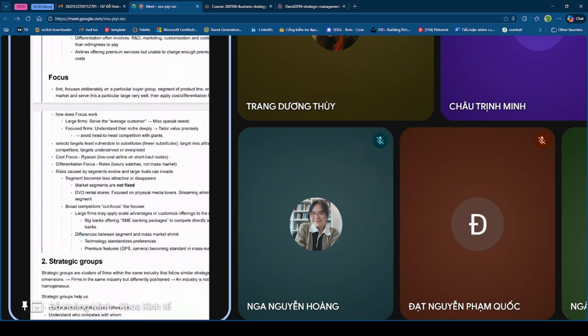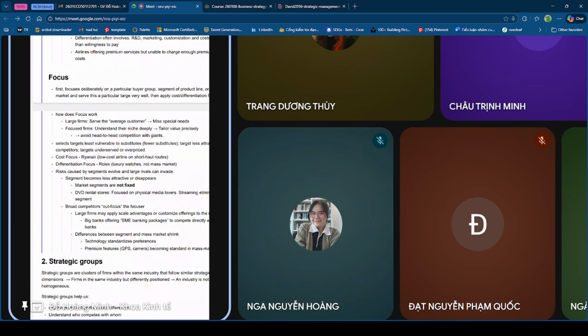If your firm tries to serve the whole market, or in other words, you have a broad operation, you can try to create a cost advantage or differentiation advantage at the broad scale.